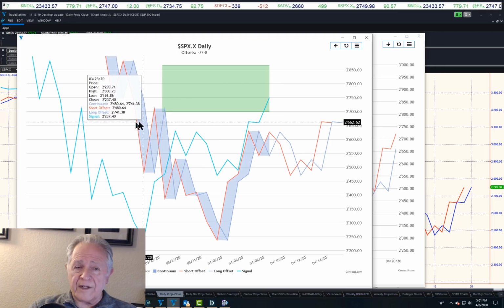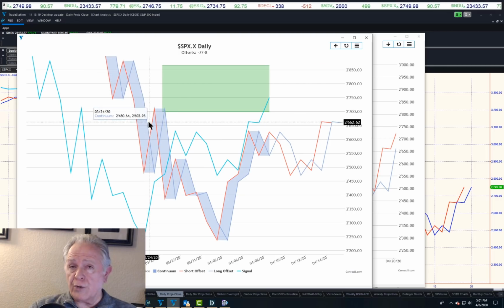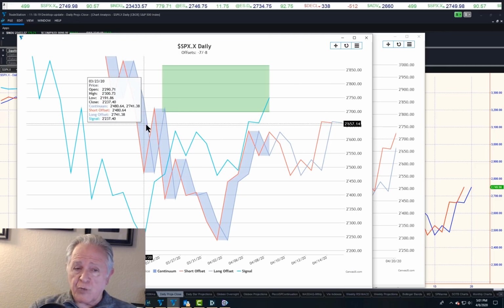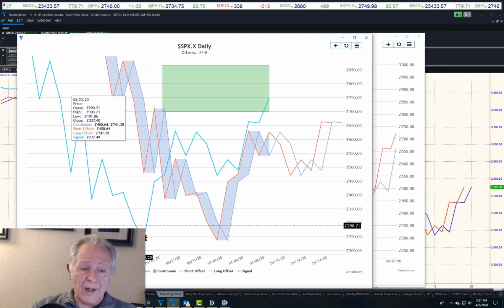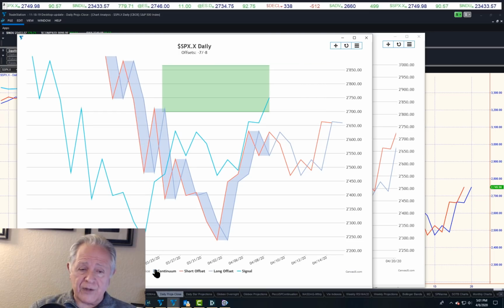That whole continuum between the two offsets is what we have to watch for action signals, either projections to the upside or downside, or invalidations of upside and downside projections. And the flexibility here is great. Watch this. So that's the continuum.